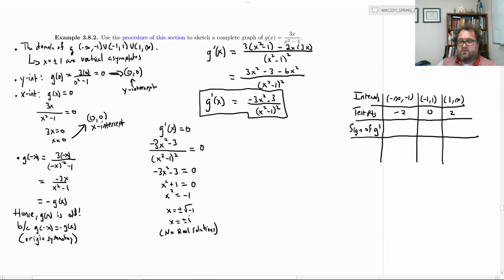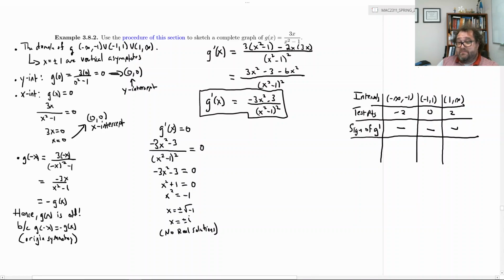Okay. If I plug in 0, I get what? Well, -3, so I guess I get negative again. If I plug in 2, oh, this is kind of weird. If I plug in 2, I get a -15 as well. I am decreasing everywhere. That's kind of interesting.